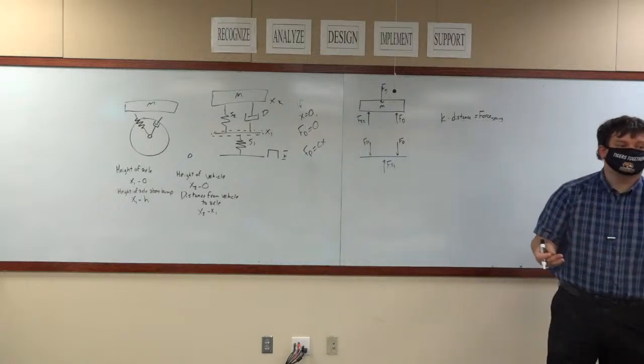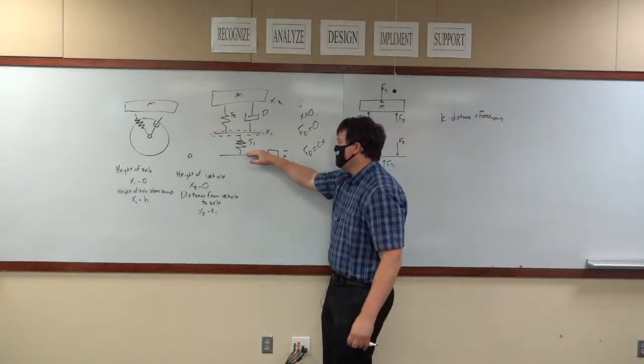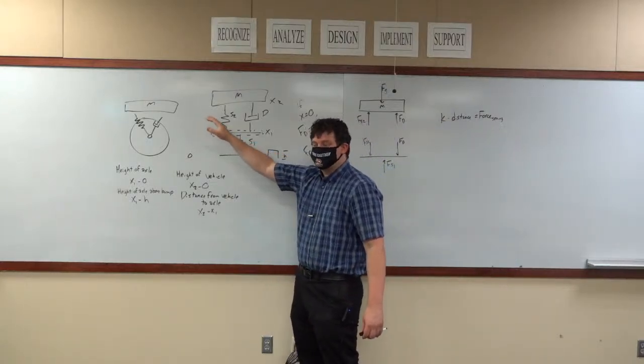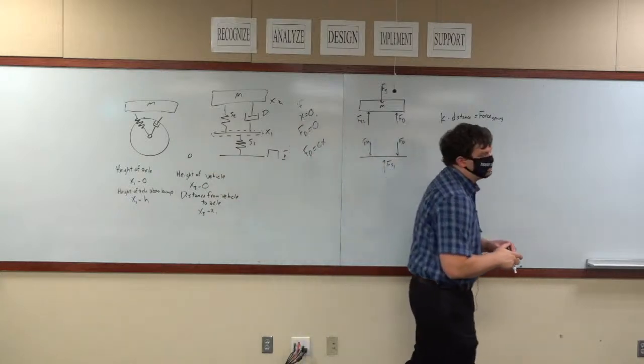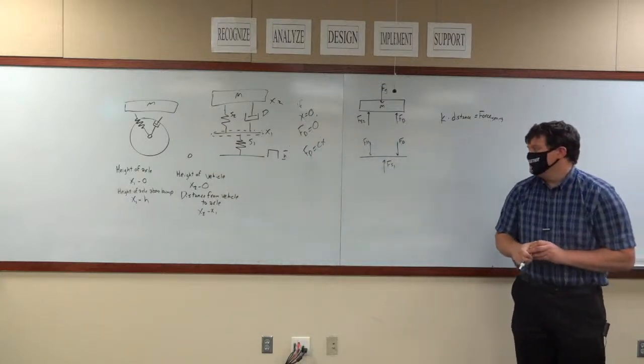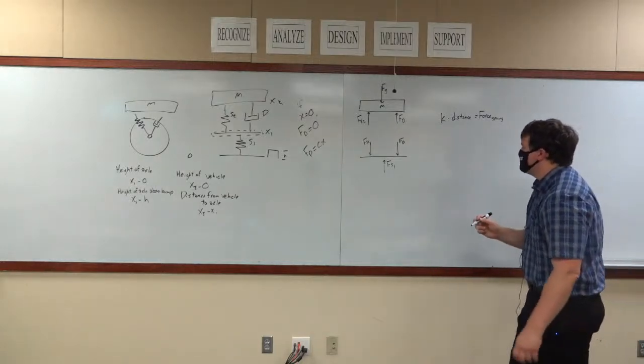So if there's no velocity, there can't be any damping force. So at equilibrium, all of the force is being transmitted through these two springs. Okay? We have this equation to show it.